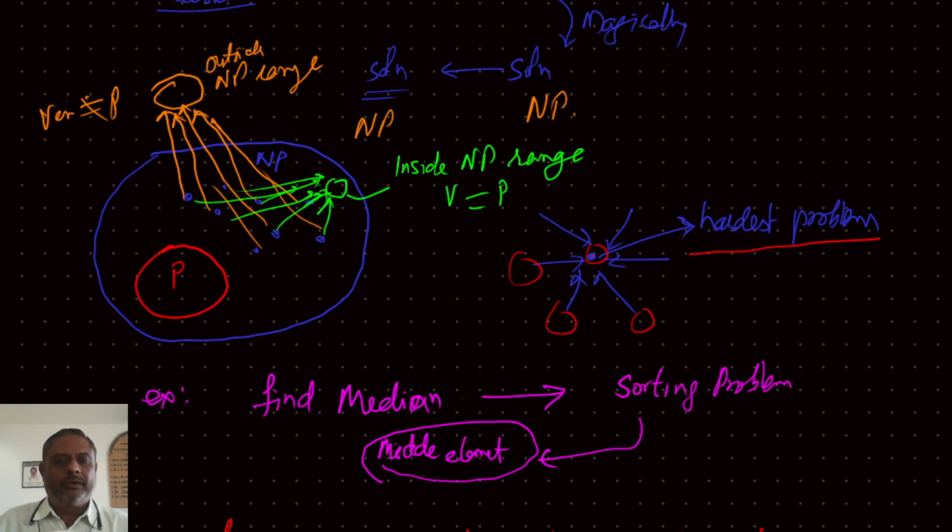So how do you differentiate? This is a problem which is harder than all the problems in NP, and this is another problem which is also harder than all the problems in NP.